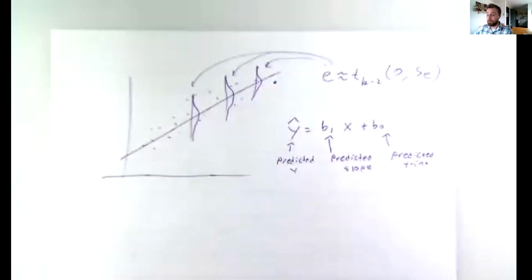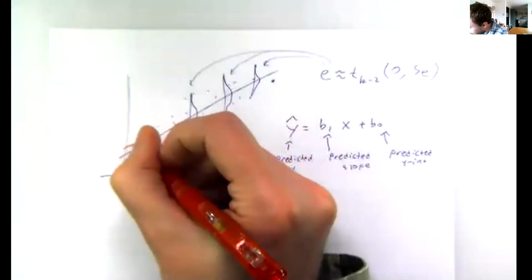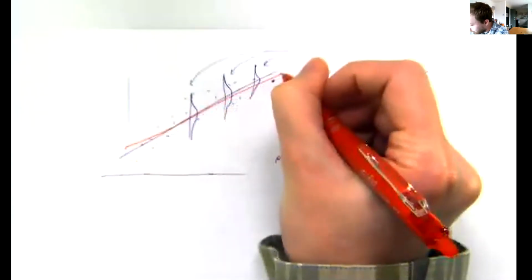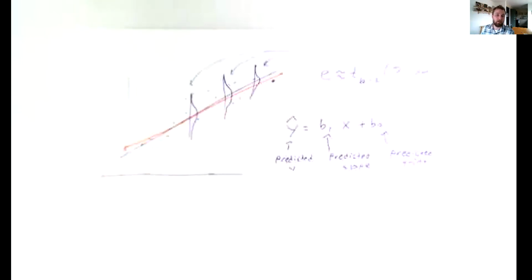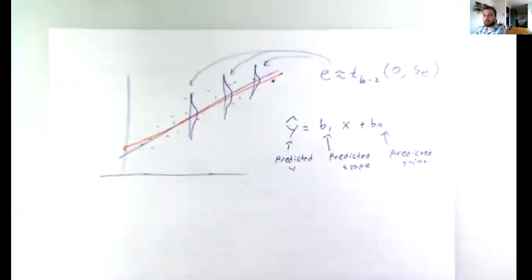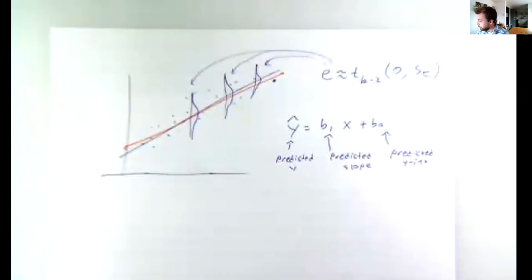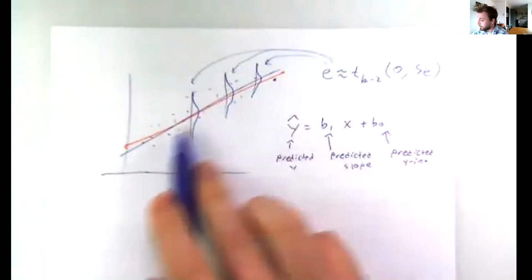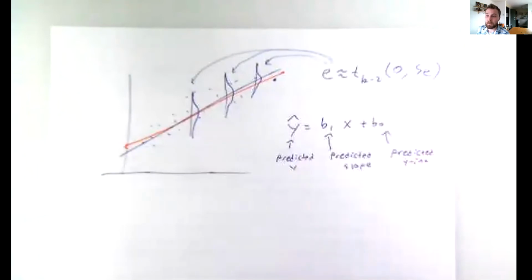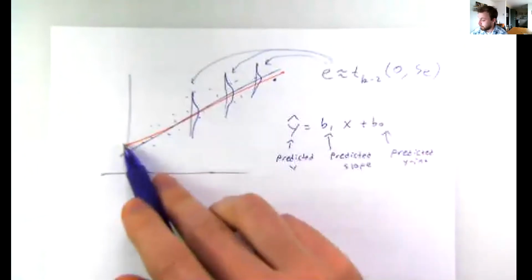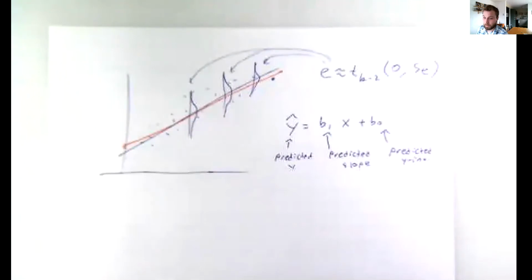Because if somehow I added another point, say I added a point here, my line would shift because of that point. So maybe I'd end up with a new regression line of something like this if I were to add that extra point. So my line varies a lot as I add and remove data. It wiggles around inside of this corridor here. So when I say predicted slope, that's because the slope can still vary as I get more information. My y-intercept can also change as I get more information.